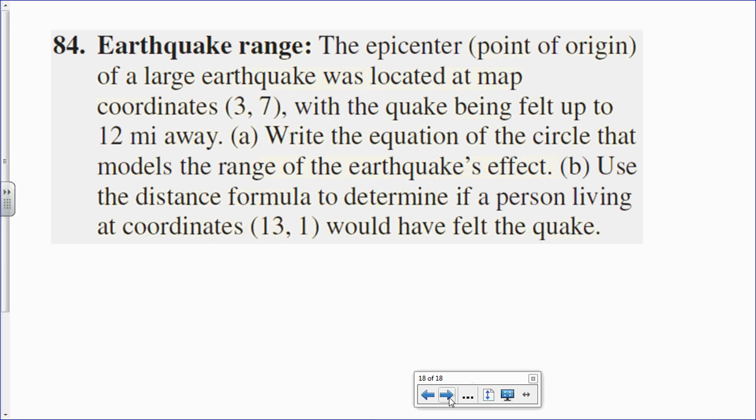Okay. Let's look at one more from this section, and then we're going to move on to 2-2. Okay, so if you don't want to write this whole thing out, note the problem number. It's number 84, and this is from section 2-1.